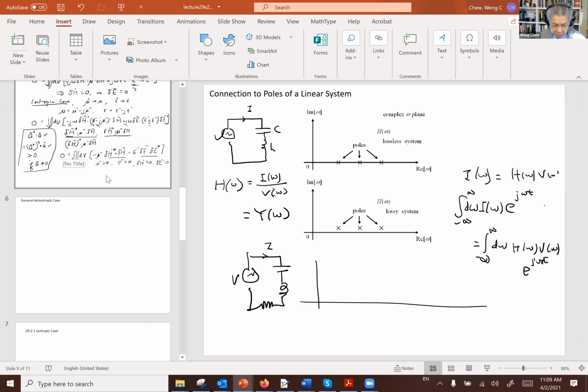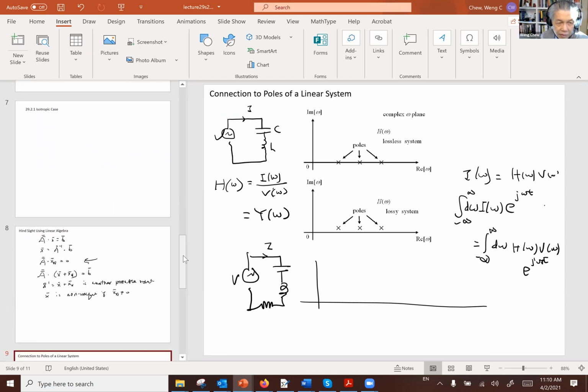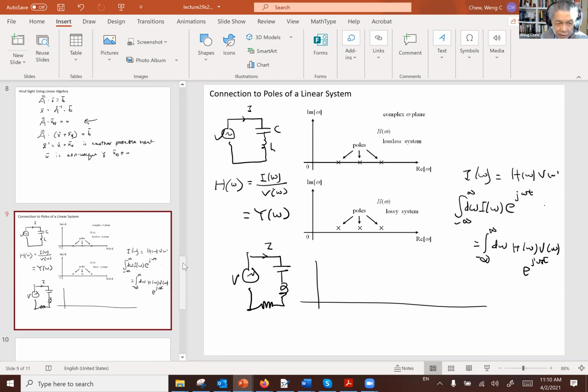There you have to deal with permittivity and permeability tensors, and so on. And I make a connection using linear algebra as the hindsight. And then I connect to the poles of a transfer function in linear system theory to give you some hindsight.